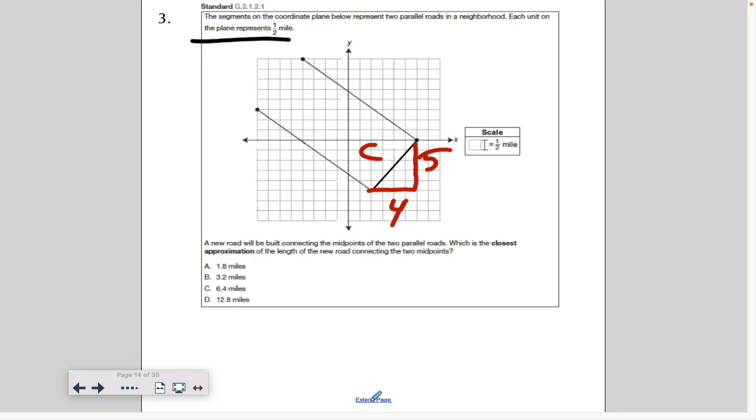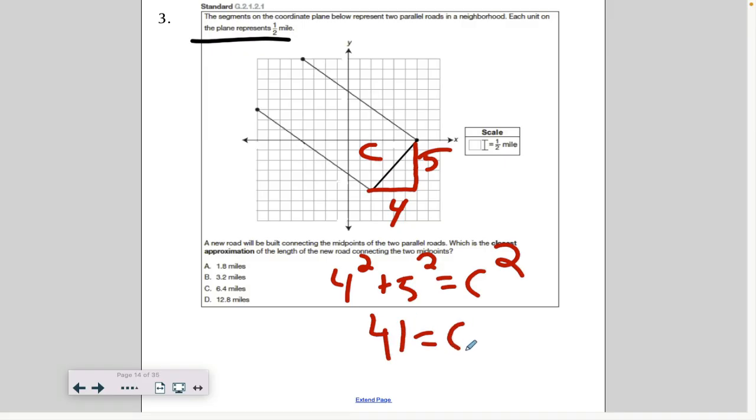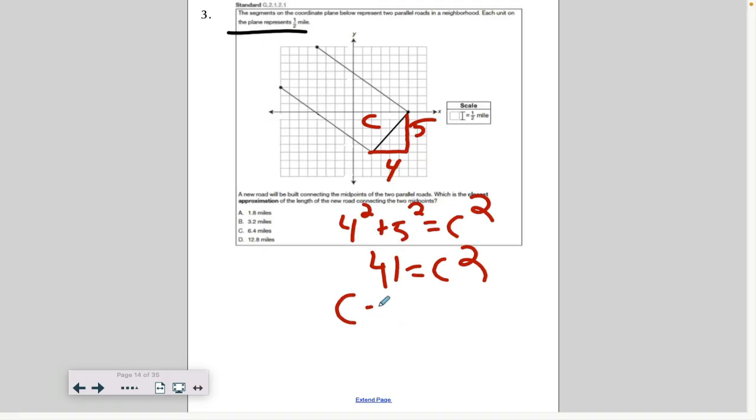Pythagorean theorem: 4 squared plus 5 squared is c squared. 16 and 25, so c is the square root of 41, which comes out to about what? But then it's half. So the answer is not c, it's actually b.